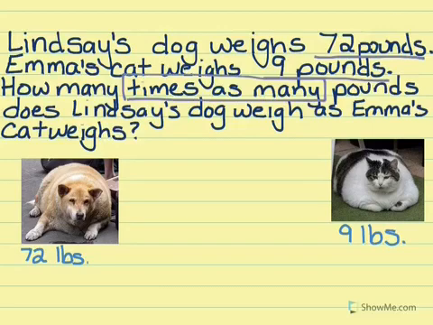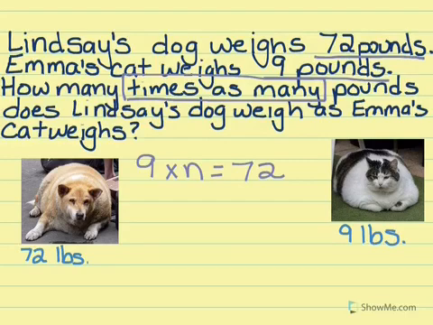So I can ask myself, how many times as many pounds does Lindsay's dog weigh as compared to Emma's cat? So I'm basically saying, okay, 9 times some number gives me 72.